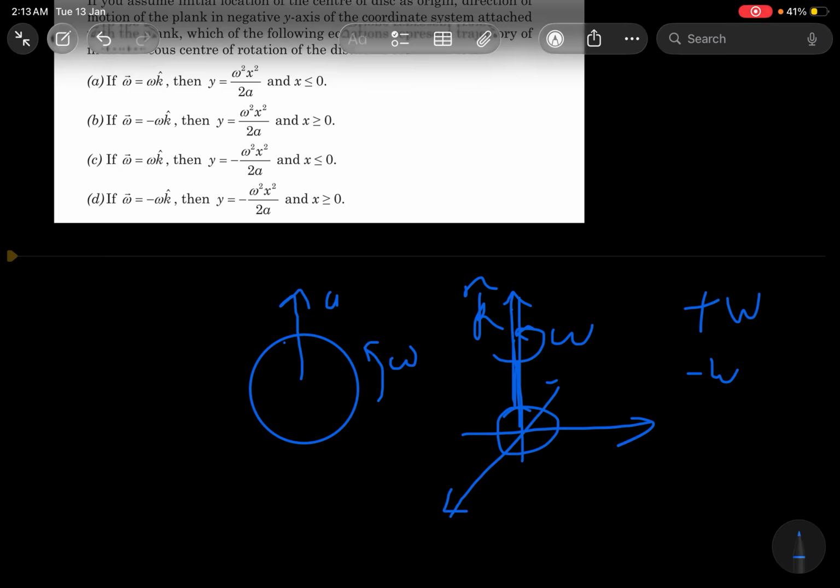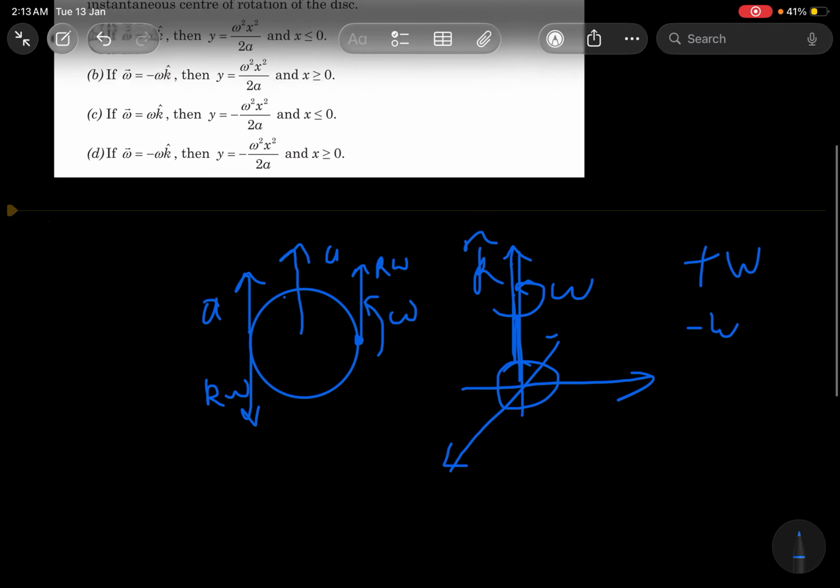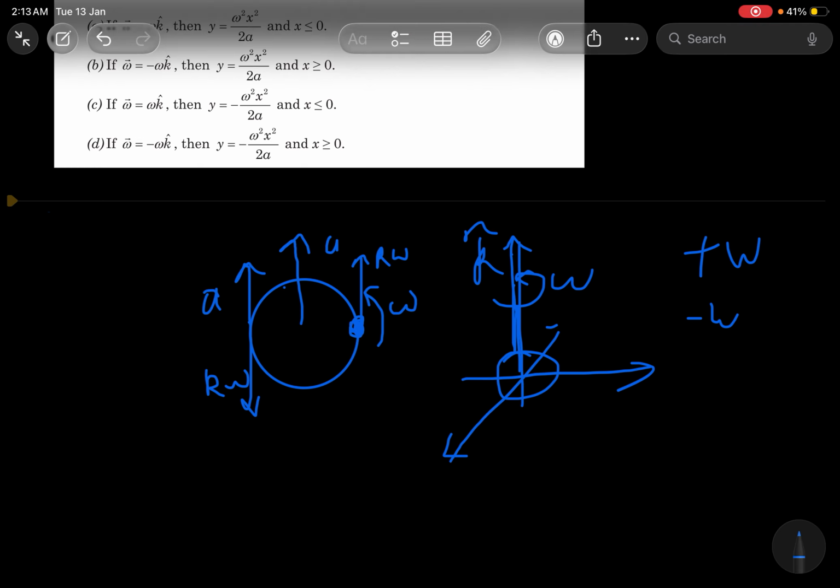Now what is happening? Let's look at this point. This point has a velocity of r omega over here, and then this point is accelerated also. This point on the other hand has r omega like this, and it has acceleration in the opposite direction, right? So this point has its velocity increasing, and this point has its velocity decreasing.